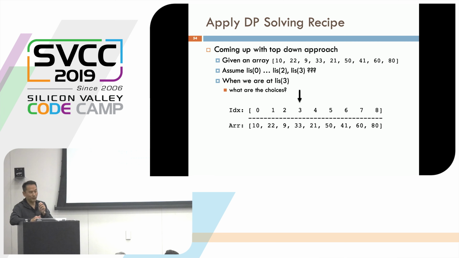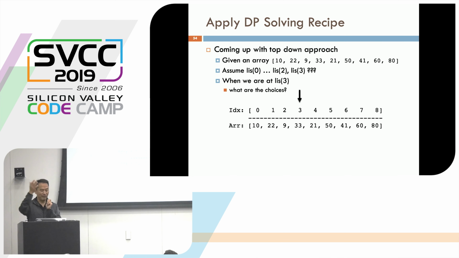True, that is true. But our goal is to come up with that formula. So how can that help coming up with a formula? What are our choices? That's one thing to think about. When we were at 3, the choices we have is we have to iterate all the way to 0, right?